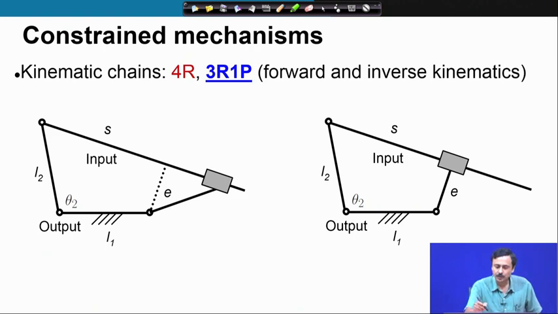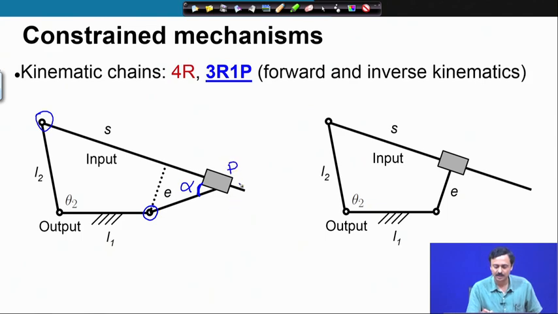Here I have shown two chains. On the left I have shown a chain in which this angle is arbitrary, let us say some angle alpha. Now, we have defined offset for a 3R1P chain as the perpendicular distance between the two hinges connecting the prismatic pair.